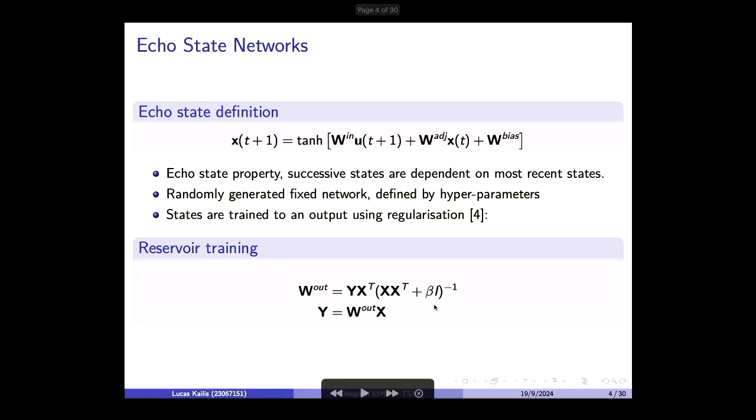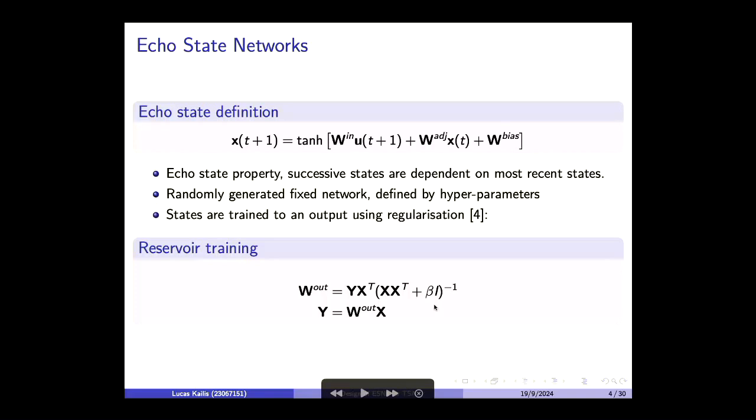To explain what an echo-state network is, each state in an echo-state network is defined by an activation function, which is non-linear, typically a sigmoid, such as hyperbolic tangent, which is then applied to the input signal, which is U in this case, the previous state of the reservoir, and then there is a bias term.